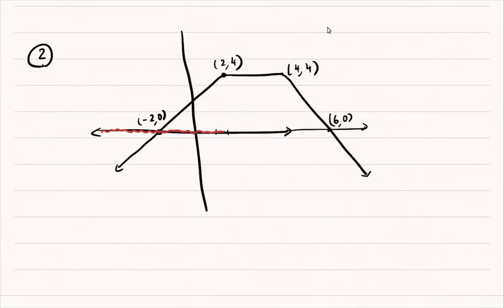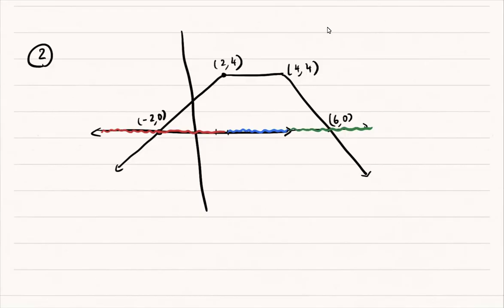Then I can think of this as starting from positive 2 to 4 as one function. And then I can think of it as 4 to positive infinity as a third function. So I can split it up into 3 functions. So let us see what is the equation of the first function.